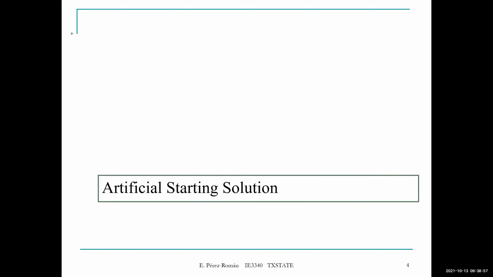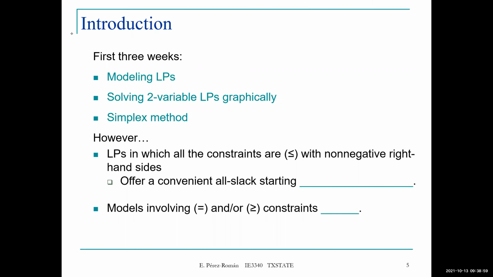So let's talk about the artificial starting solution. This is a summary of what we've been doing for the first few weeks. Solving two variable LPs. We also know how to implement the simplex method. However, LPs, or linear programming models, in which all the constraints are less than or equal to with non-negative right-hand side were our main focus, and they offer a convenient all-slack starting basic feasible solution.